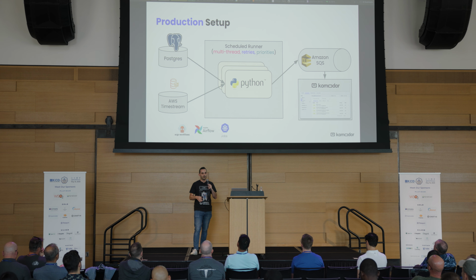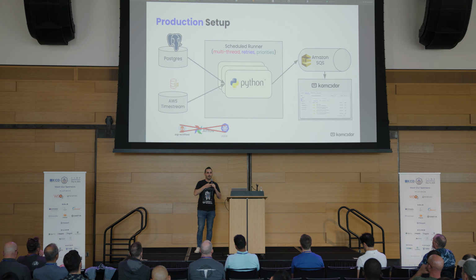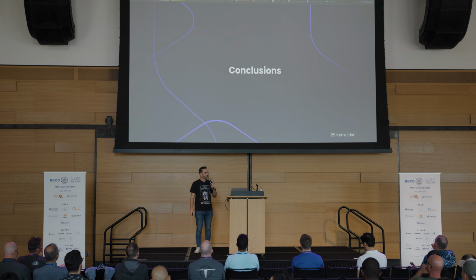But at the end of the day, these were very complex to get into because we weren't using them anyways. And so we just stayed with our own solution, which was just a Python script that we've expanded by adding what we need, like multi-threading, retries, and priority, because we want to run something over another insight. It was more important to us, things like that.